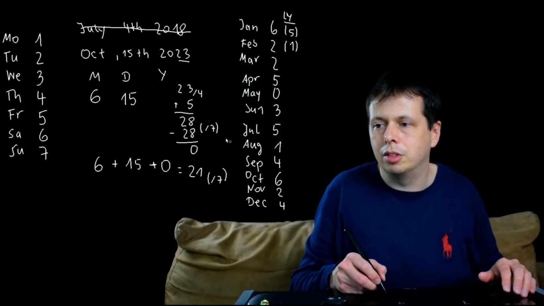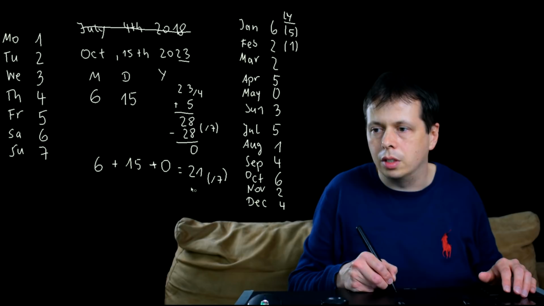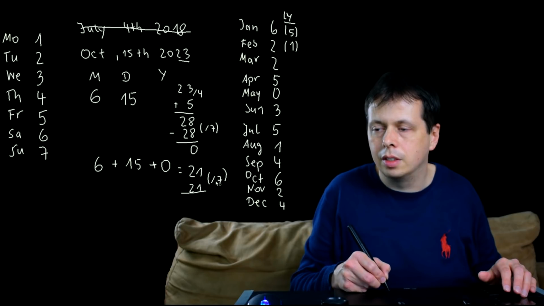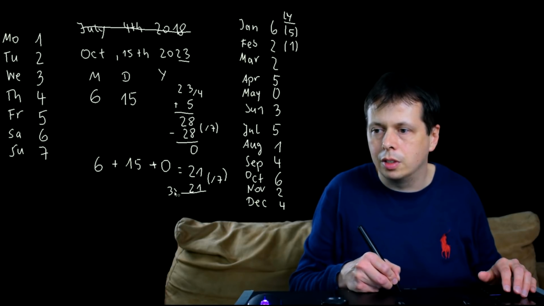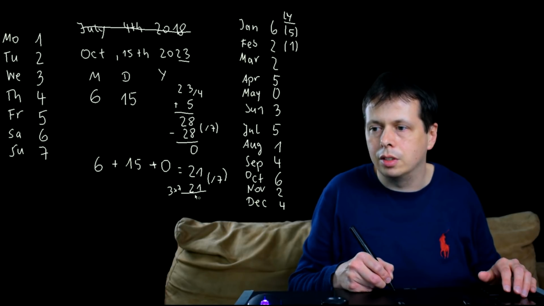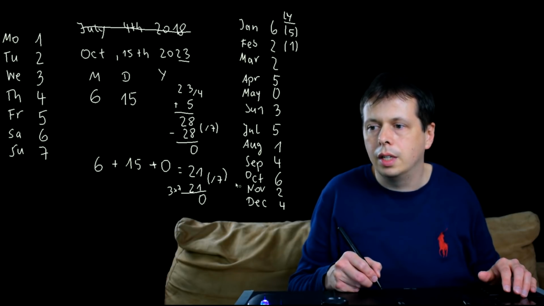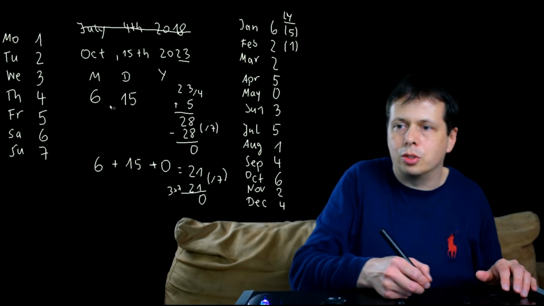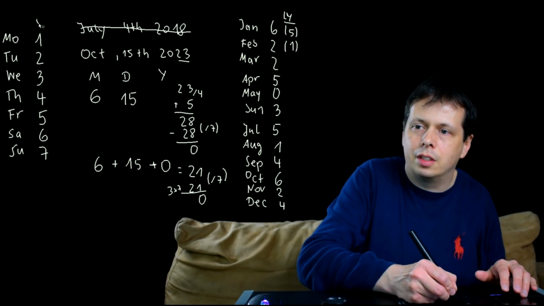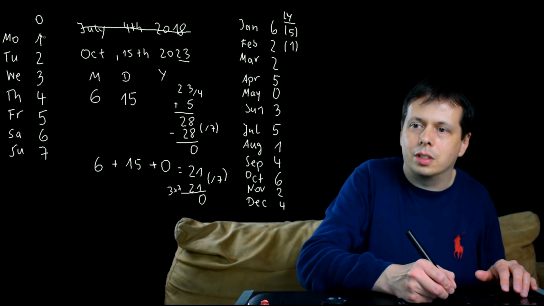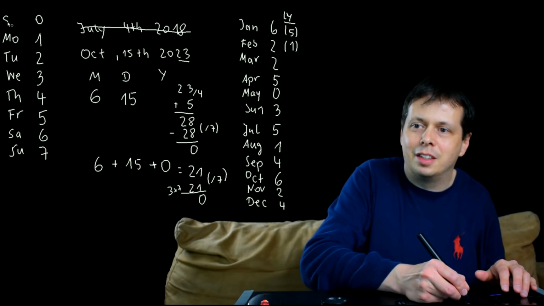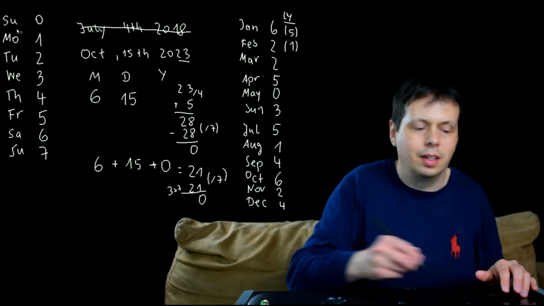Divide by 7, so it's again 3 times 7, so 21, 0, and so you can say the 0 is the day before the Monday.